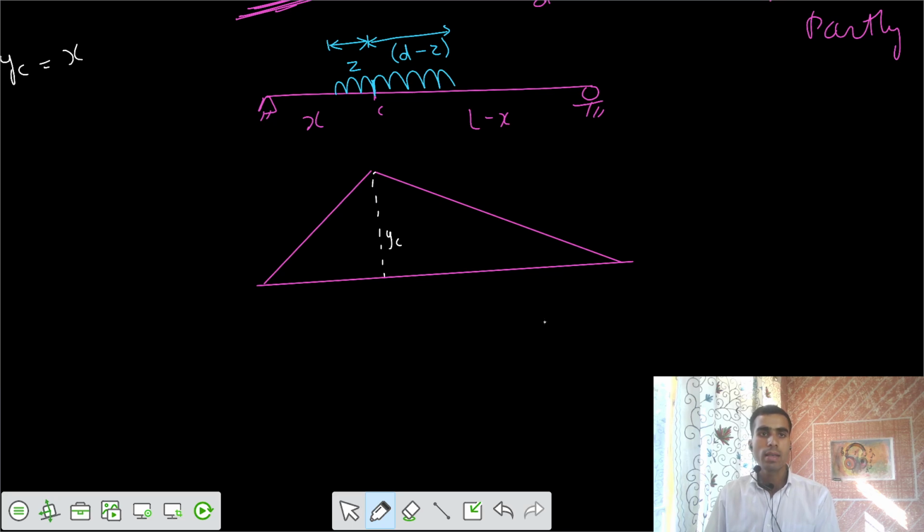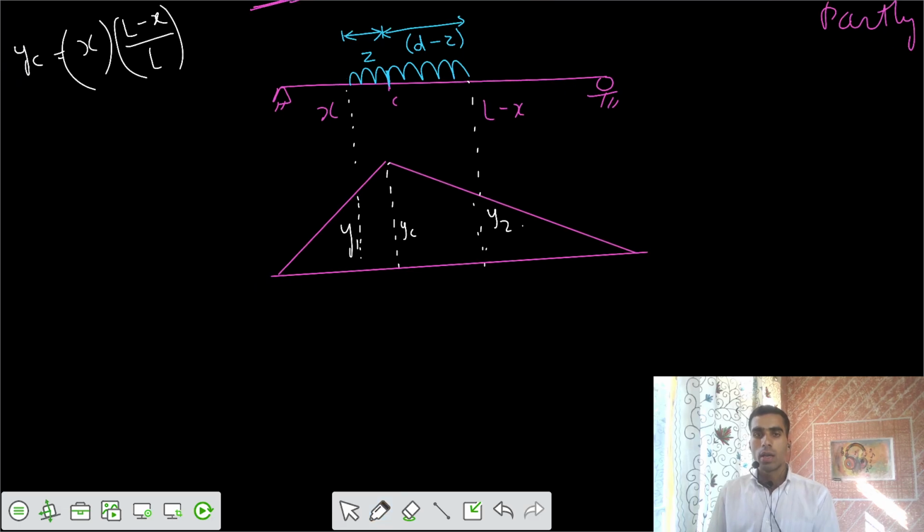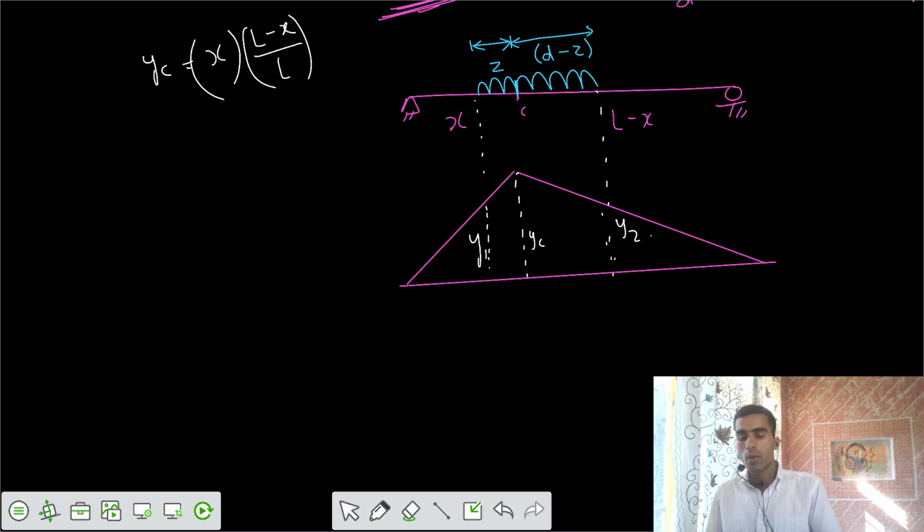That is AB by L. Do you know that? This is the ordinate at C. And let's say the ordinate on this point is Y1, and the ordinate on this side is Y2. Now, can you calculate the moment at the point C?